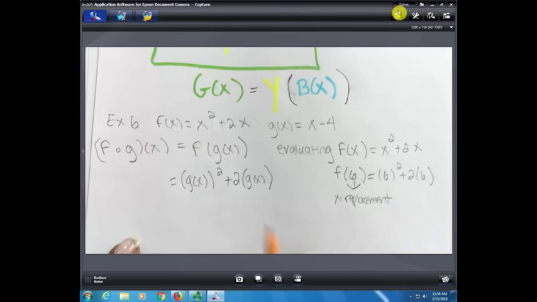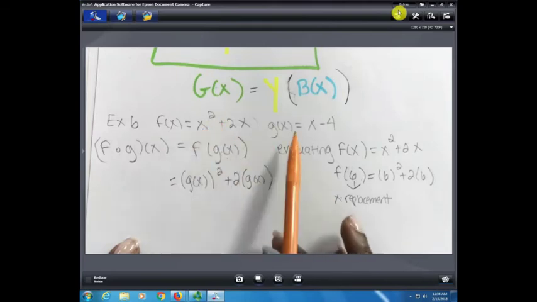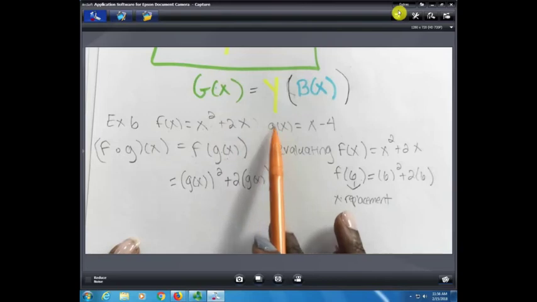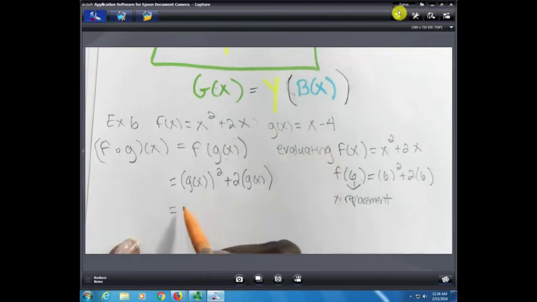Do you see what we did there? Again, whatever is in the parentheses is an x replacement. So instead of x here, I'm replacing it with the g function. And my g function is x minus 4.